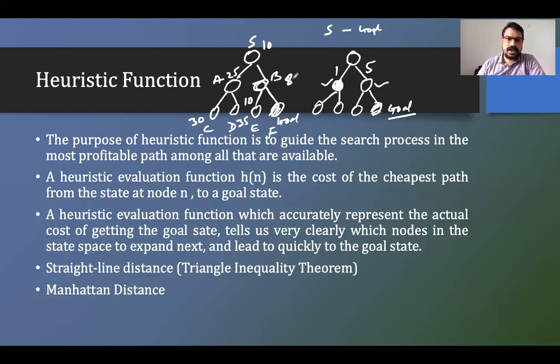The heuristic evaluation function, which accurately represents the actual cost of reaching the goal state, tells us very clearly which node in the state space to expand next, leading quickly to the goal node. How we can quickly go to the goal node will be decided by the heuristic evaluation function.